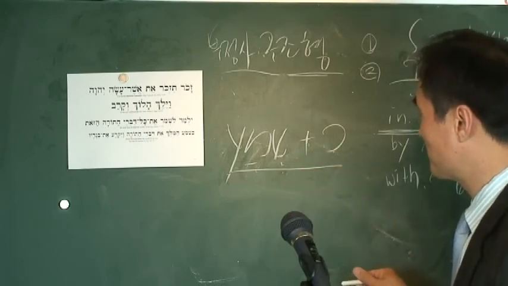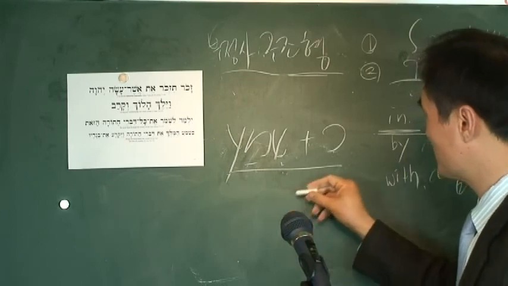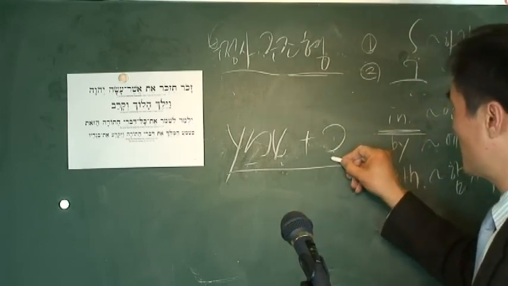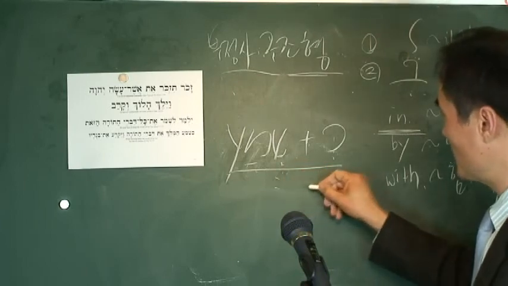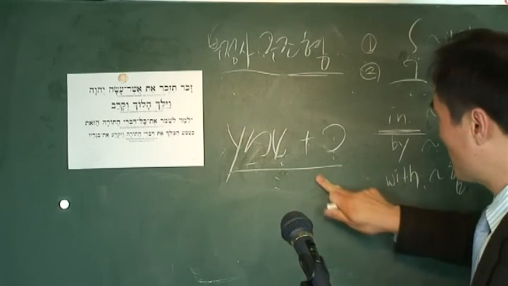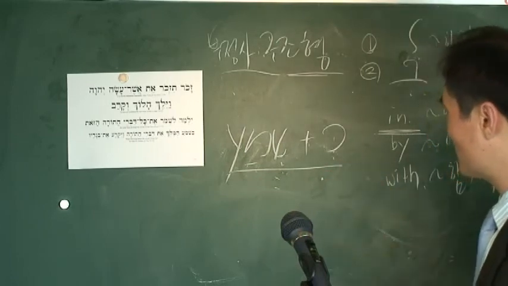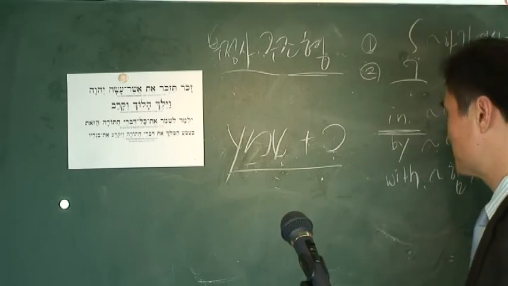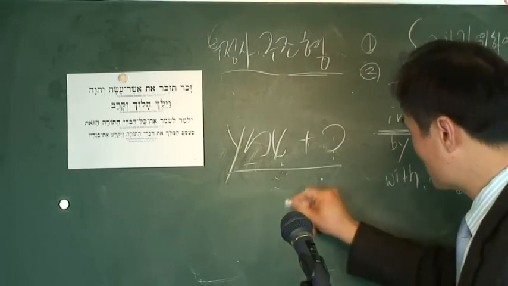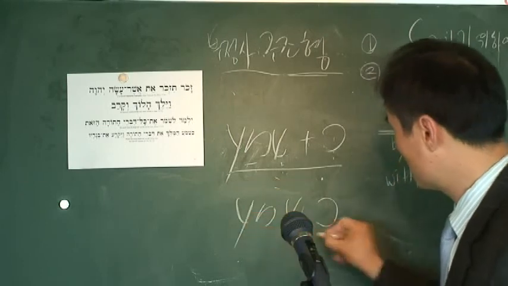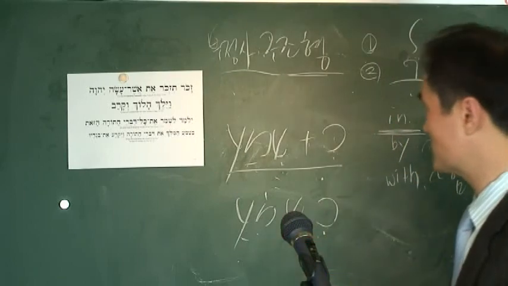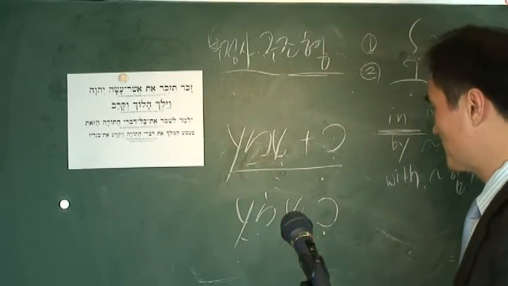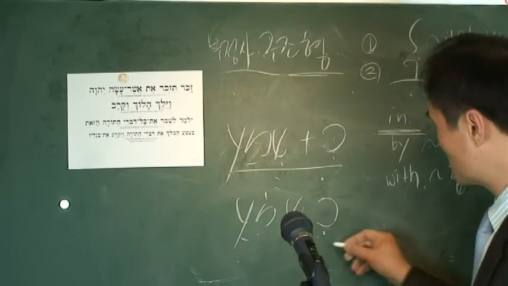Shama, which means hear, is a verb in the infinitive construct state. This was combined with the preposition k. However, because they both have shewa, the shewa at the front changes to hirek. Hence, it becomes ki shemoa.